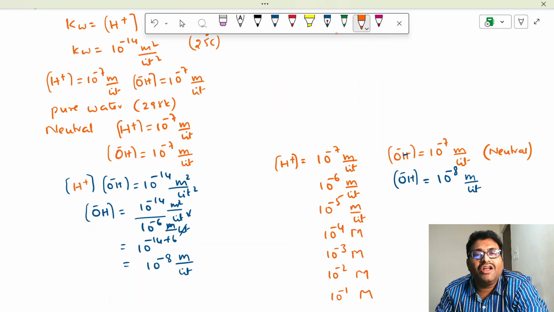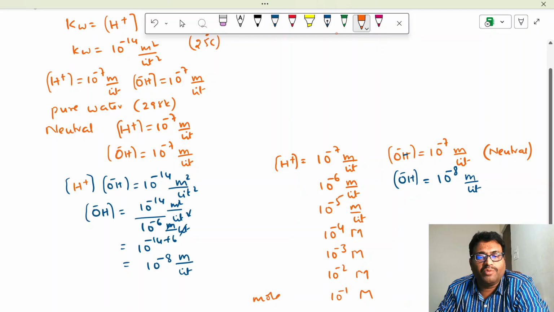When you go on increasing H plus ion concentration, the acidic strength goes on increasing. I can say that it is more acidic, or I say that it is less acidic.